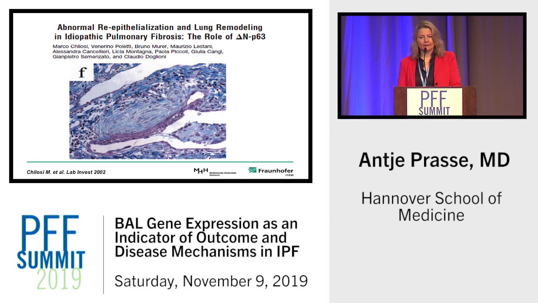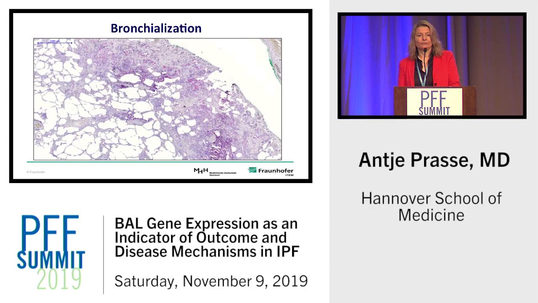So we confirmed the results of Marco Chilosi, and I would like to show you some of these very interesting immunohistochemistry data. Of course, you know that we have bronchialization going on in IPF tissues, and here the purple cells are all airway epithelial cells that you can see in this surgical lung biopsy of an early patient.